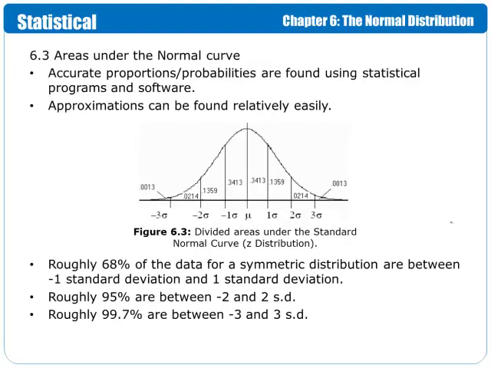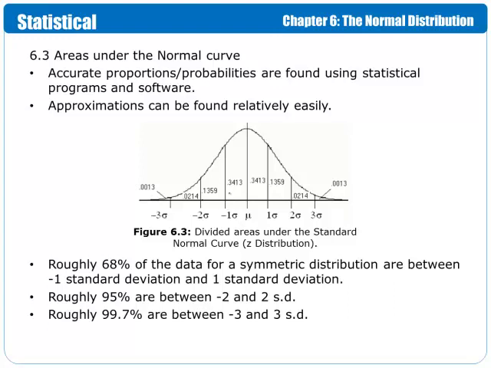Now let's consider areas under the normal curve. The accurate proportions or probabilities are found using programs and software just like we just did with StatCrunch. Approximations can be found relatively easily. If you divide up the distribution into the different standard deviation sections, and you know that they all add up to 100%, then you can find the relative proportions for each of those sections.